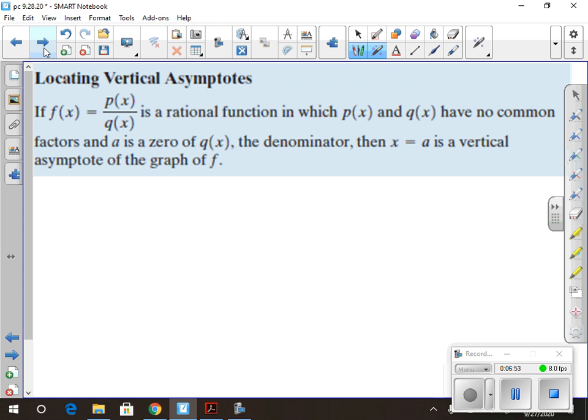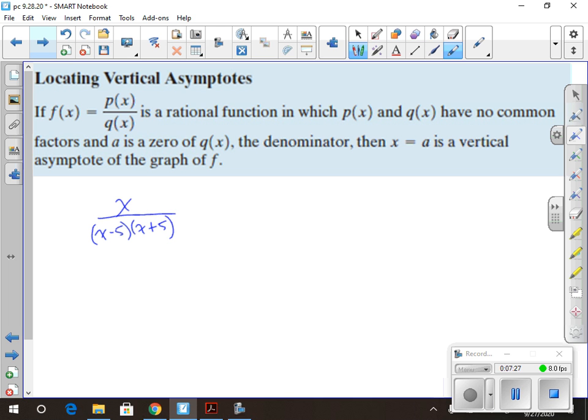All right. So locating the vertical asymptotes. If the function p of x over q of x is a rational function in which p of x and q of x have no common factors, and a is a 0 of q of x, the denominator, then x equals a is a vertical asymptote. Remember we had a situation where we had x over x minus 5, x plus 5.